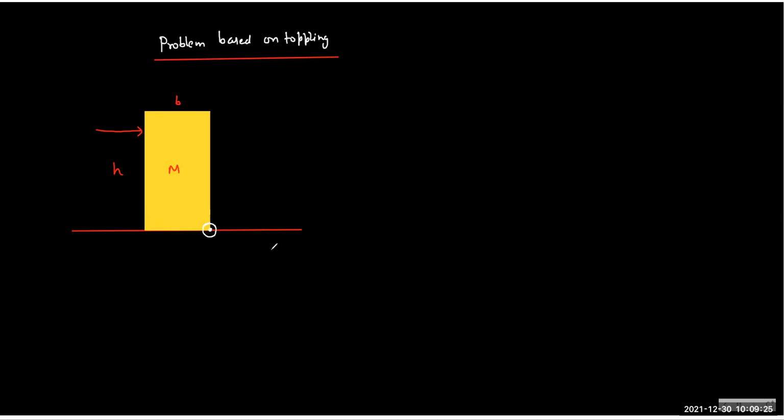So you can always write the force relation and the torque relation and you can just make it zero for a minimum force calculation. What it means is, imagine you apply force and the body starts tilting.